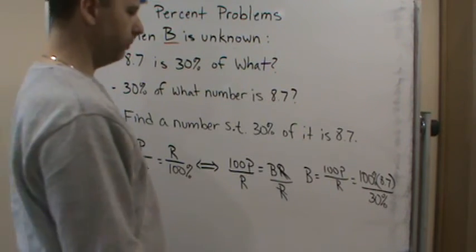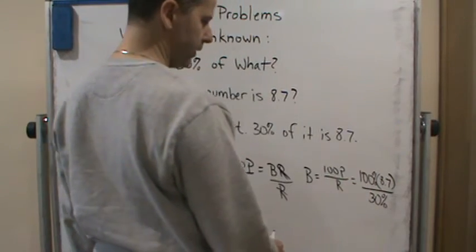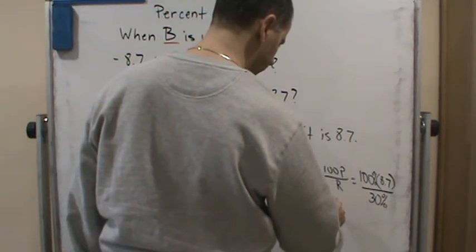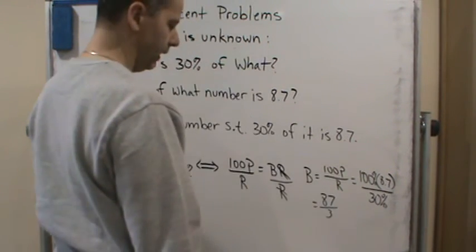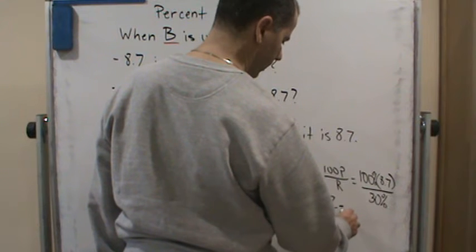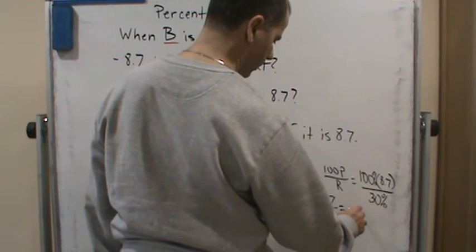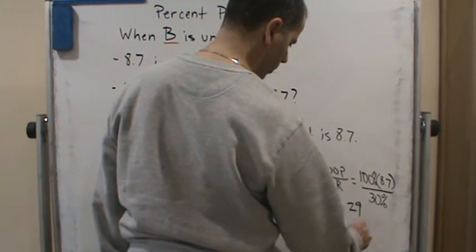So what do we get? If we multiply 100 by 8.7, we get 870 divided by 30, or 87 over 3. And 87 over 3 gives us 29.